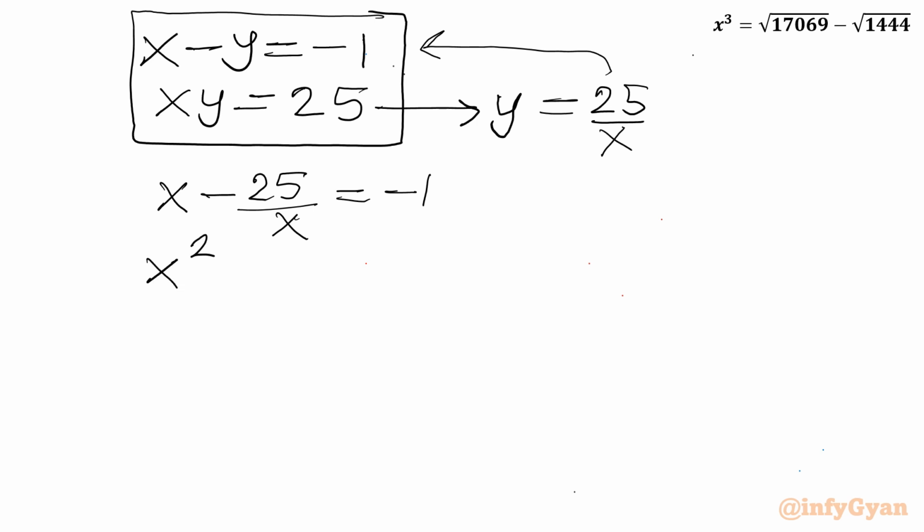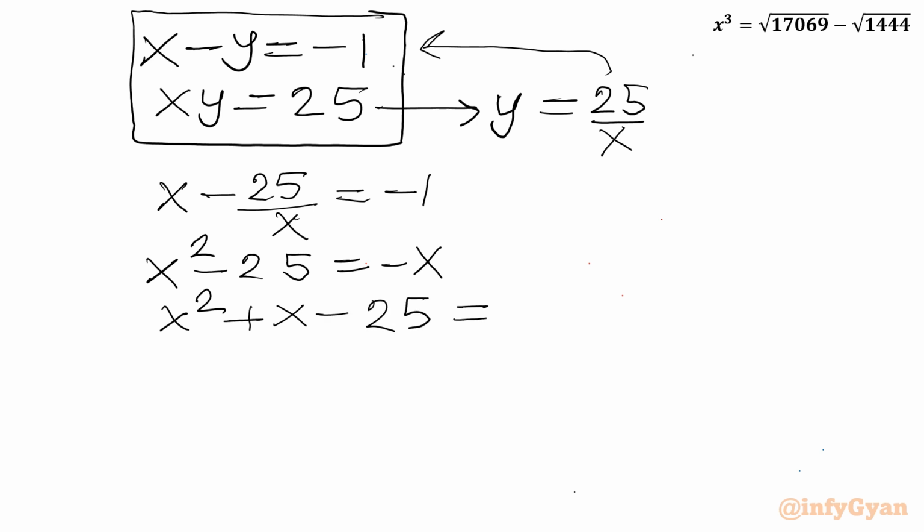So x square minus 25 equal to negative x, or x square plus x minus 25 equal to 0. This is one quadratic equation. I can use the quadratic formula.